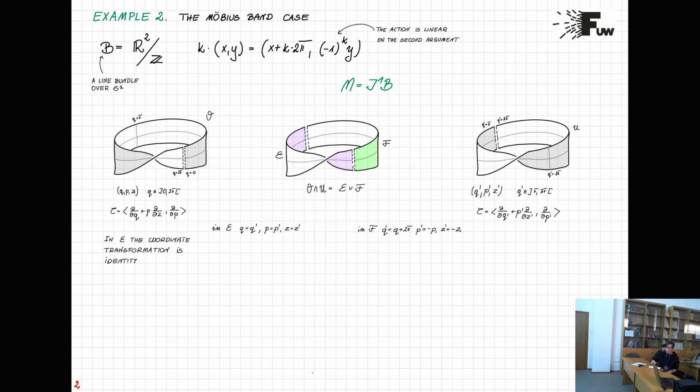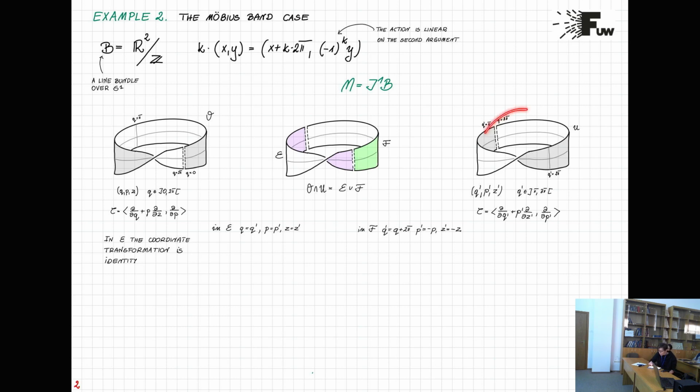And again, locally, we have a piece of an interval in R, which is a piece of our circle, and we have the value of the function, which is z, and we take first jets, so locally it looks as in the previous example, which means that, for example, over this coordinate chart domain, we have the Cartan distribution written as before, however simple, because it is of dimension 2.